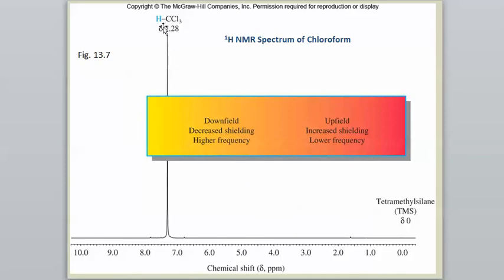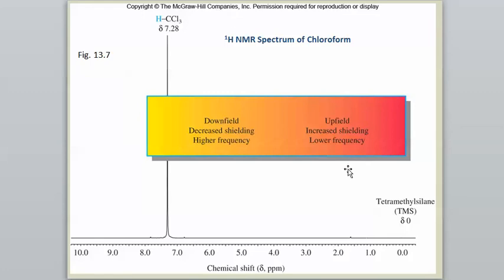A little bit of terminology here. We talk about the hydrogen resonating in chloroform as being downfield from TMS. That corresponds to being towards the left on the graph here. Again, it's higher frequency because these hydrogens in things like chloroform are not as shielded from the magnetic field. The electronegative atoms like the chlorines pull electron density away from that hydrogen, so it's said to be de-shielded, or there's decreased shielding compared to TMS.